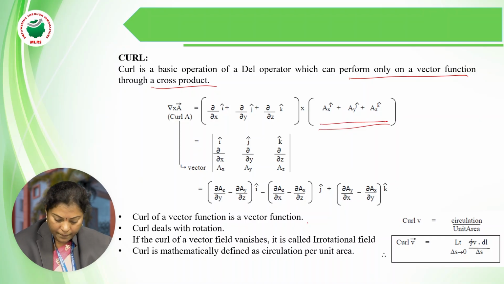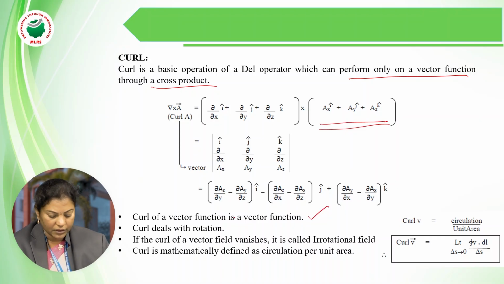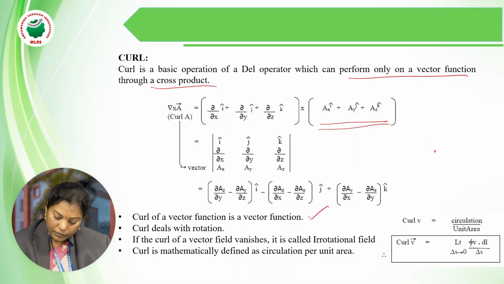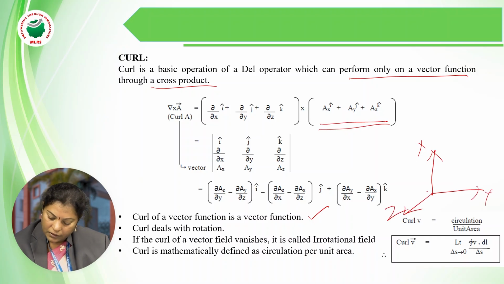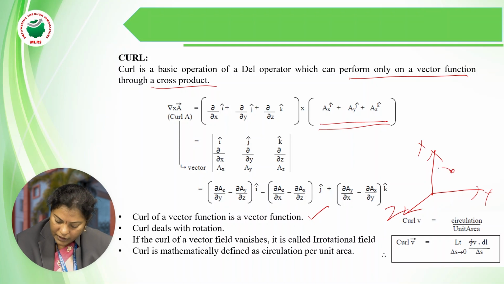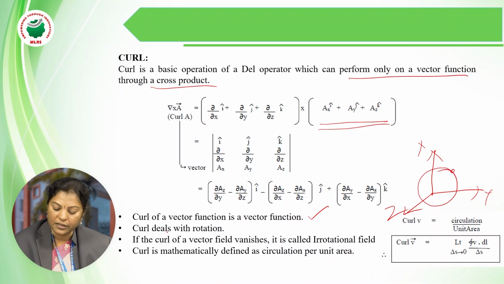These are the properties. The curl of a vector function is a vector function, and curl deals with rotation. Consider x, y, z axes and a point charge. When it is rotating, curl deals with this rotation of the point.